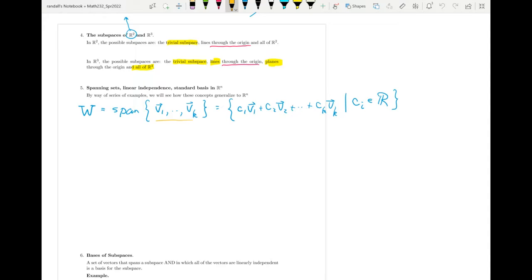Now I'm going to make a note here because just from the definition of span, W is a subspace. So this is a nice way to assure yourself that your subset is a subspace if you take the span of a set of vectors. Why? Well, it's closed under vector addition and scalar multiplication.